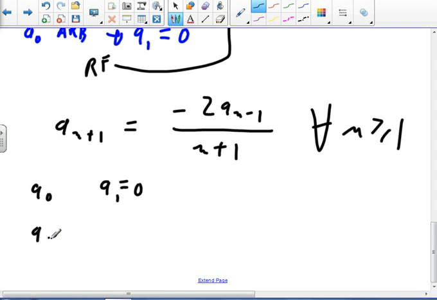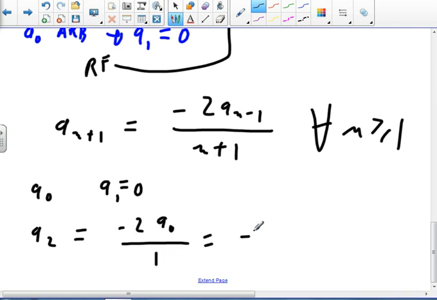Okay, so I know a0 is arbitrary, a1 is 0. I know that a2, with n equal to 1, is going to be minus 2 a0 over 1.